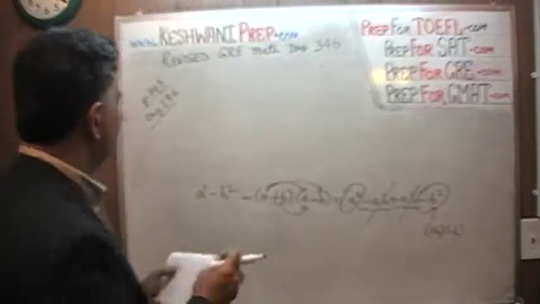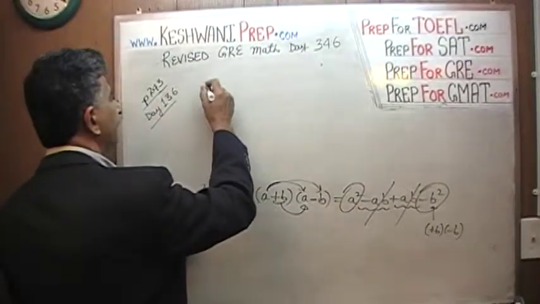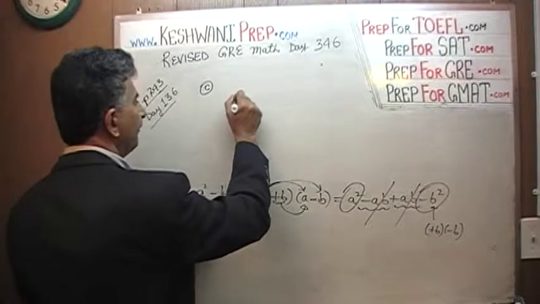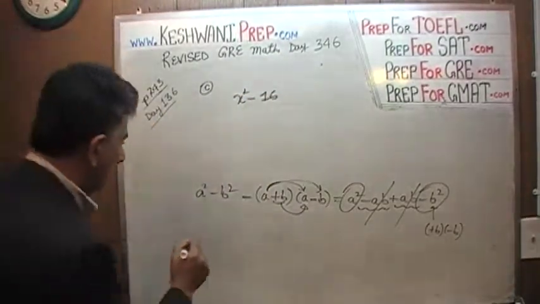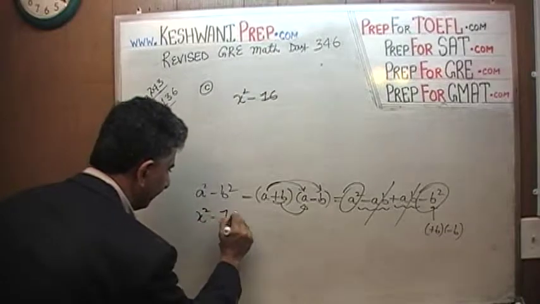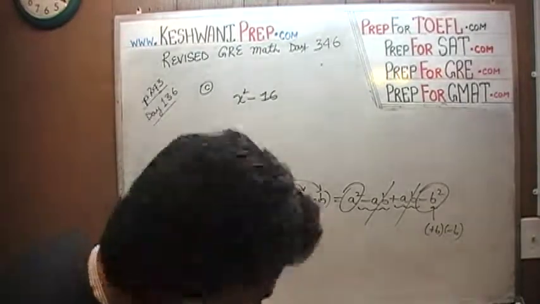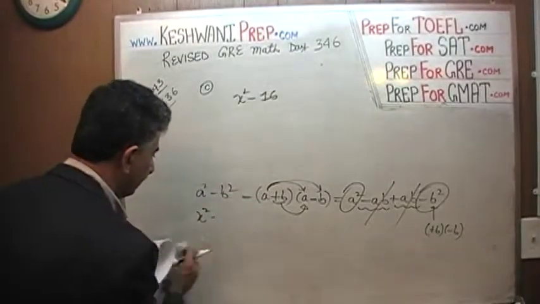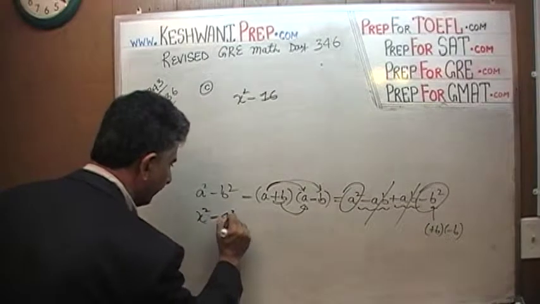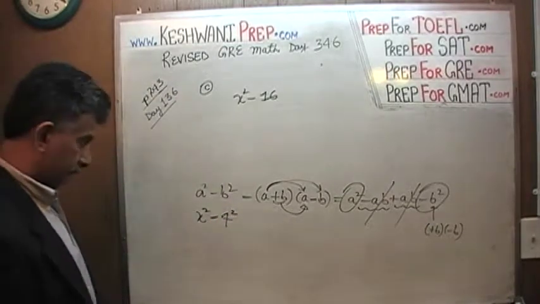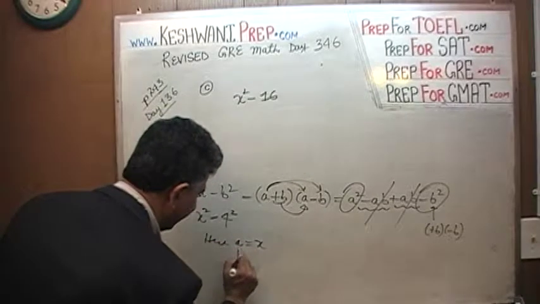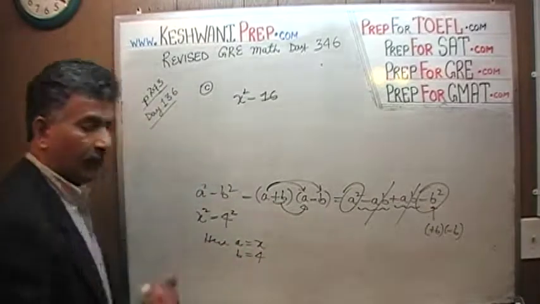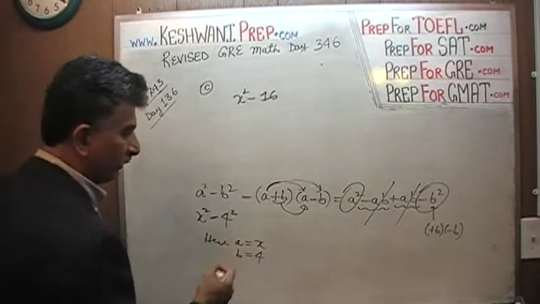In part C, on the top we have x squared minus 16, which is the same as x squared minus 4 squared. So here our a is x and our b is 4, and the same exact thing is going to apply.